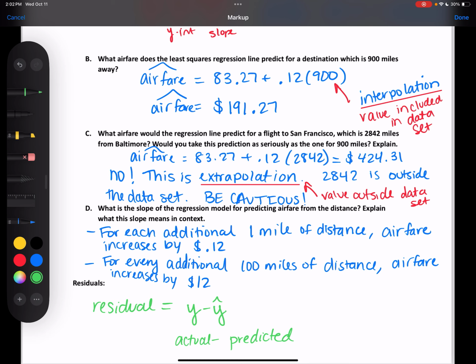It's one of those that very well could show up on a concept questions page. All right, so we're not done with this problem yet. It keeps going on another page.